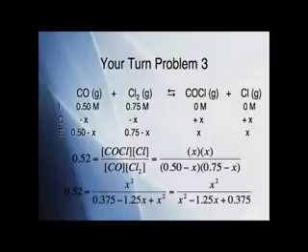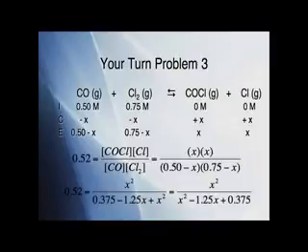And the first thing here, once I have the ICE chart, is I go ahead and write the equilibrium constant expression. So I have 0.52 is equal to the concentration of COCl times the concentration of Cl on top, divided by the concentration of CO times Cl2 on the bottom.